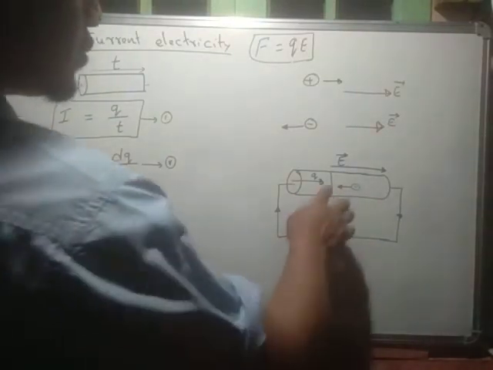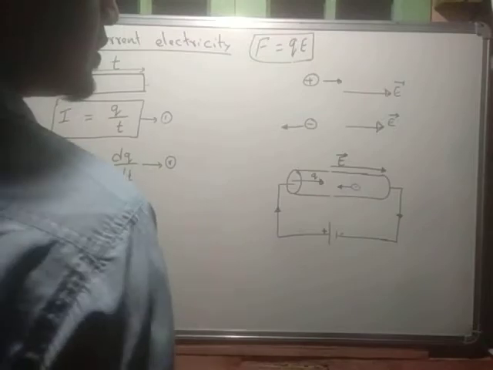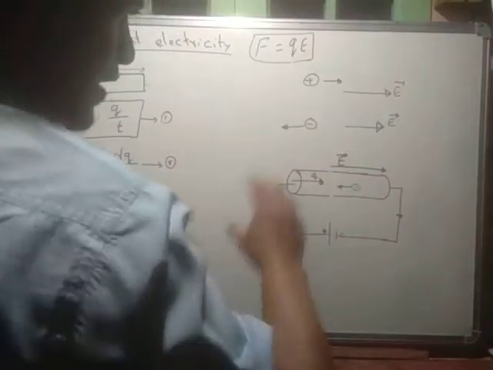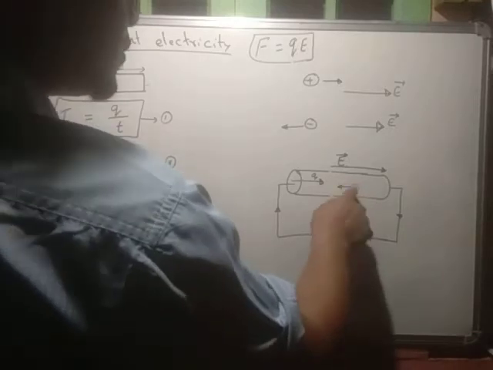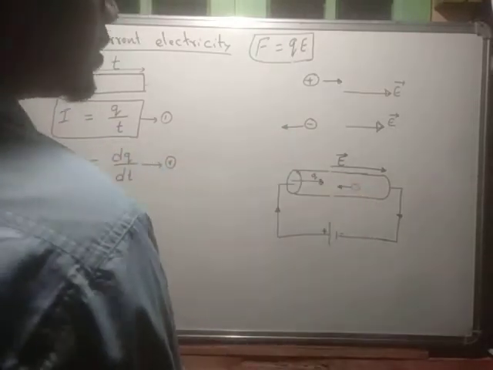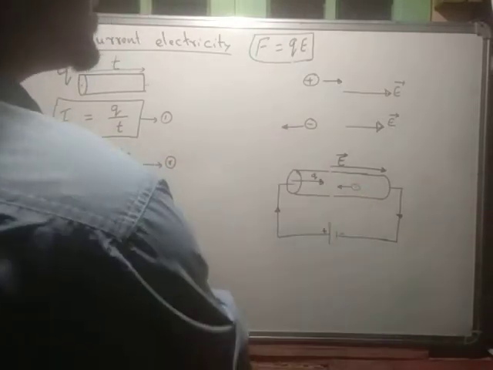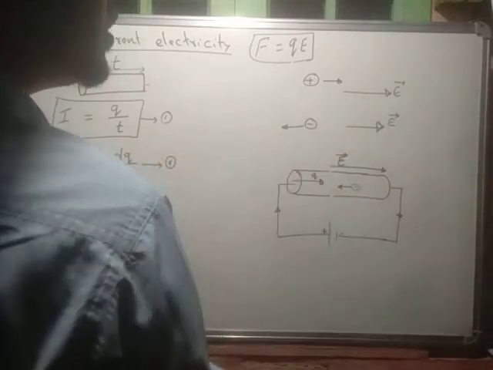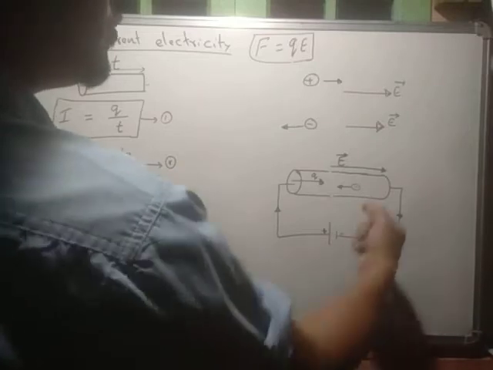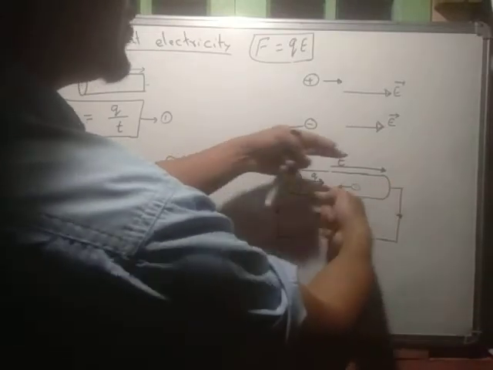As I have told you, there are a large number of electrons inside the conductor, and here I'm considering just one such free electron. Because this free electron is negative and is subject to the electric field, it will move opposite to the electric field.